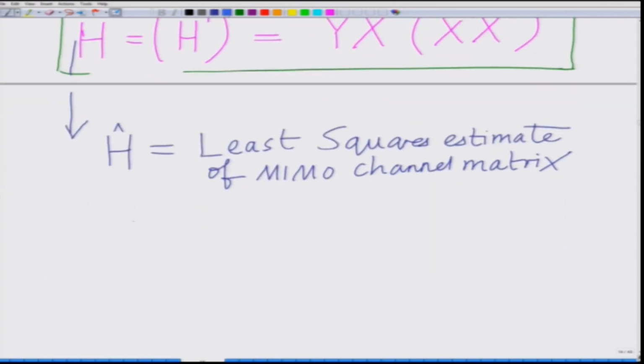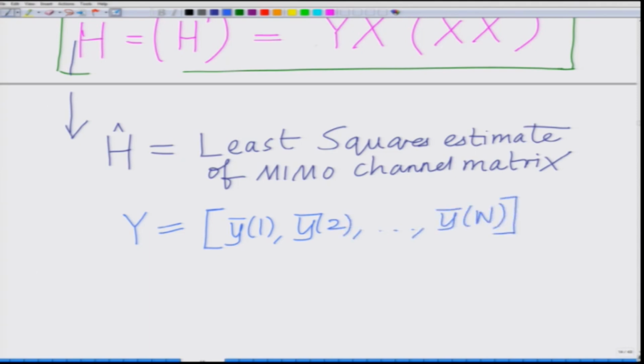I have y, which is equal to y bar 1, y bar 2, so on up to y bar n, this is an R cross n matrix.